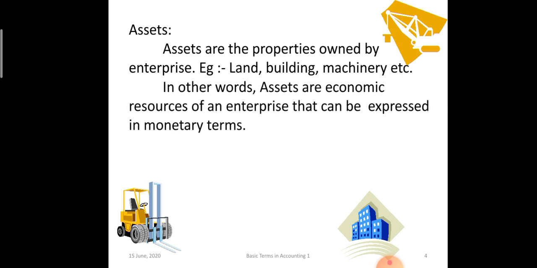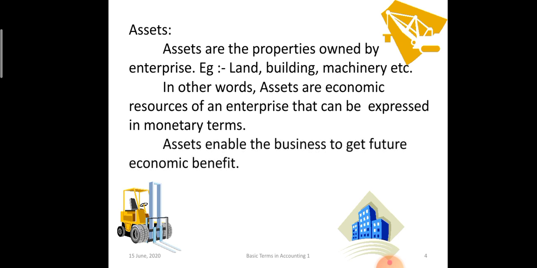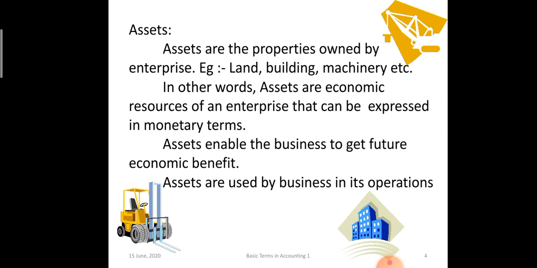In other words, assets are economic resources, because they will give some economic benefit in future. And these benefits can be expressed in terms of money. Assets enable the business to get future economic benefit, and they are used in the business to earn or generate revenue, to operate the business.